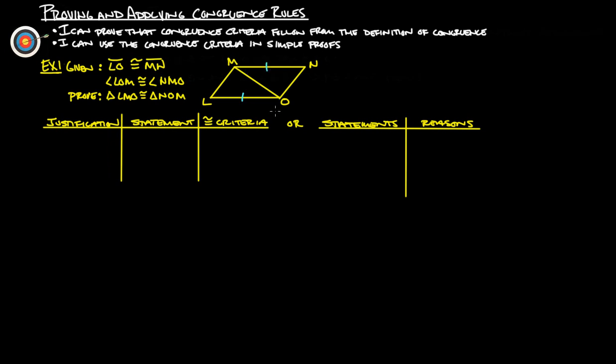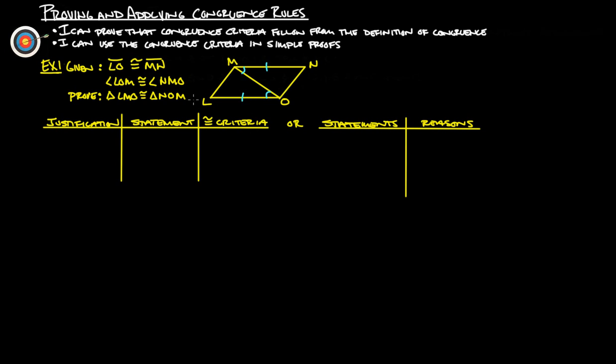These two pieces are congruent because it tells us. Next, angle LOM is congruent to angle NMO. So LOM, this angle here, is congruent to angle NMO. Now we have to prove that triangle LMO is congruent to NOM.